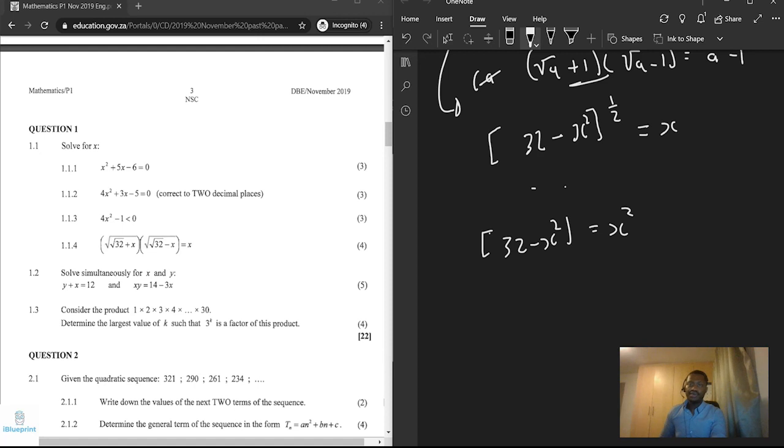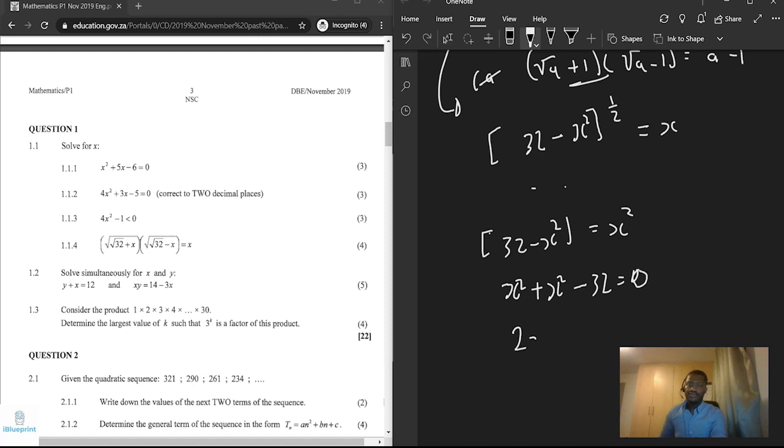Let's take the power to the other side, multiplying by the same. If you simplify this, you can have x squared plus x squared minus 32 equal to 0. Just move this to the other side.